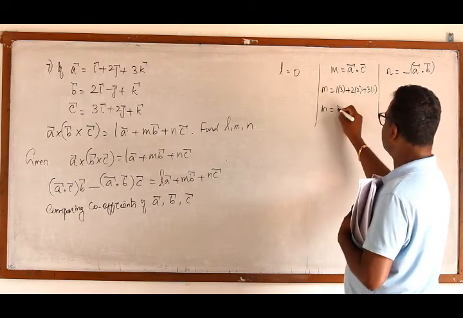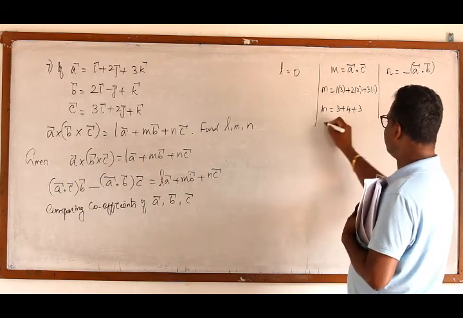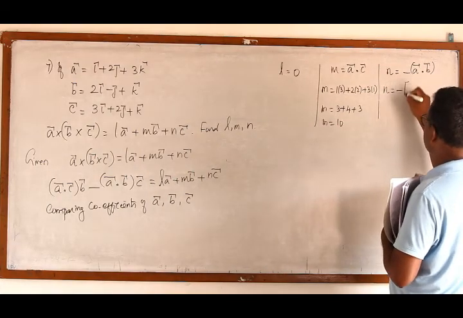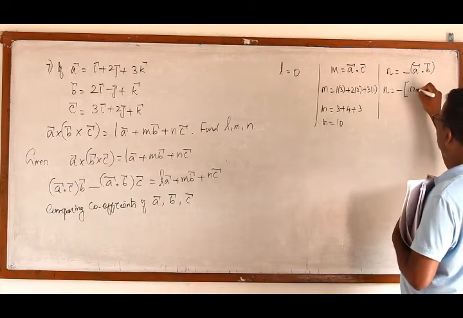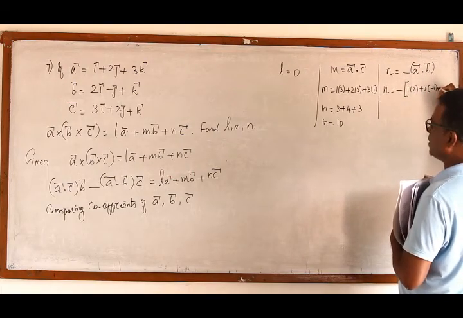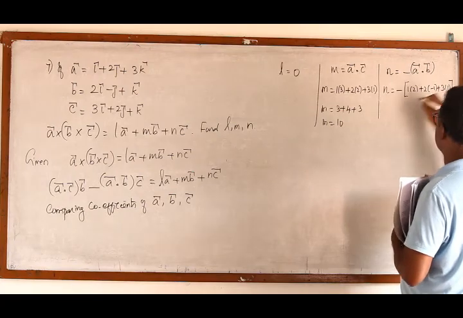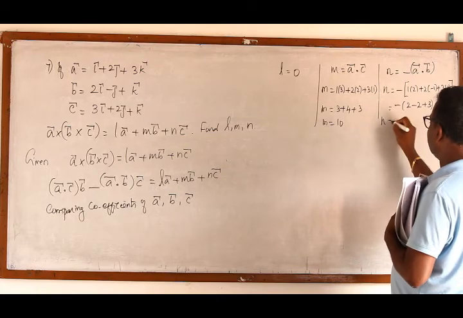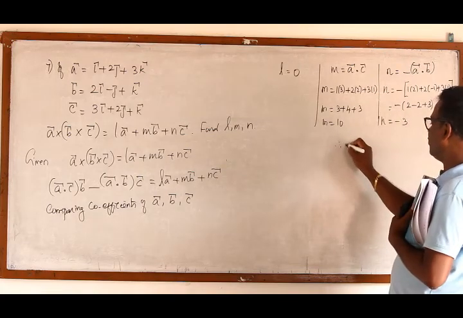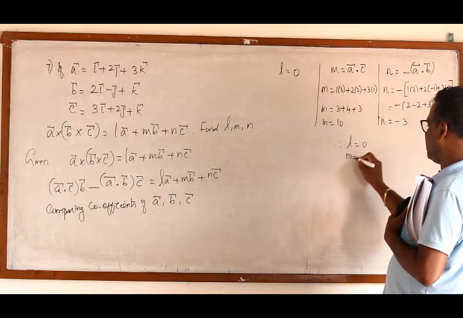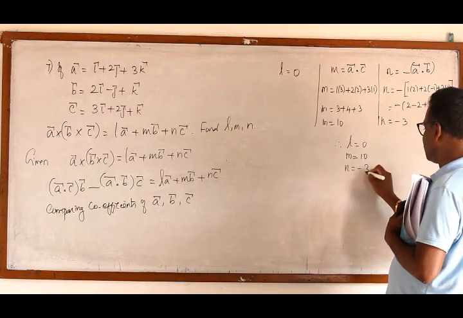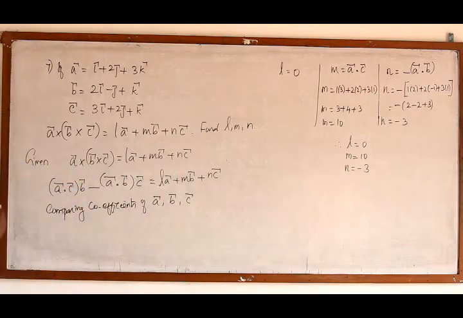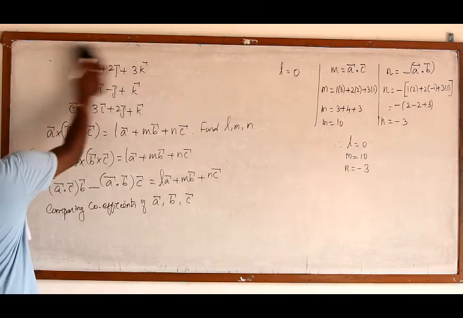M equals 3 plus 4 plus 3, so M equals 10. Similarly, N equals minus of A dot B: 1 into 2, 2 into minus 1, 3 into 1. So it is minus of 2 minus 2 plus 3. So N equals minus 3. Therefore, L equals 0, M equals 10, N equals minus 3. This is how we can find the values of L, M and N.